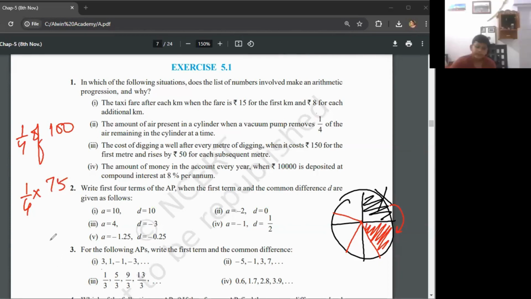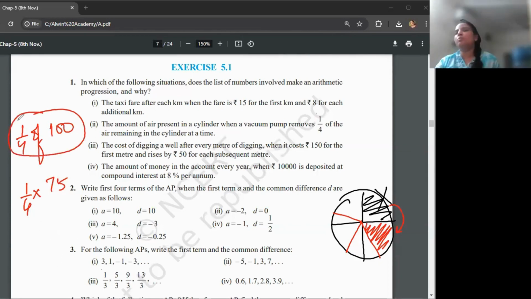They're different. So first of all, you removed 1/4 of 100, which is this black part. Then you removed 1/4 of 75, the 3/4 that you have. So obviously 1/4 of 75 would be a smaller quantity. So you are now subtracting different values to get the next value. That means this is not an AP.